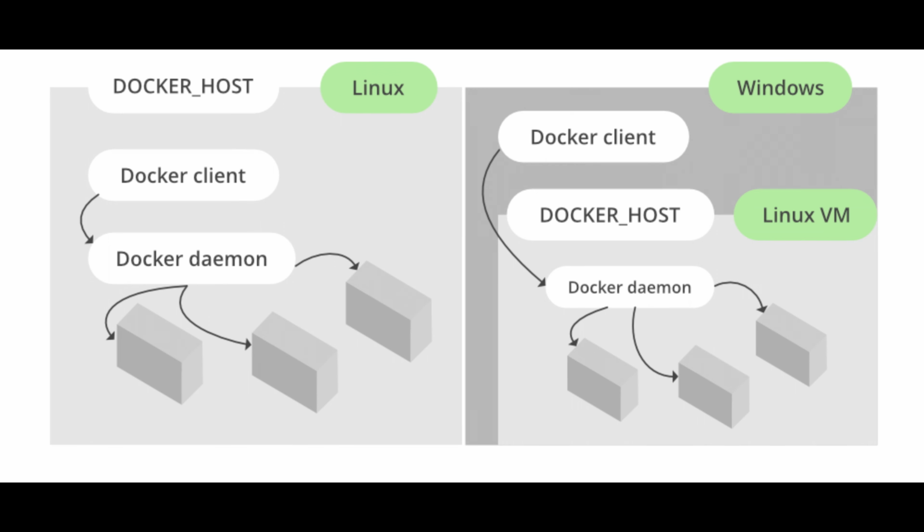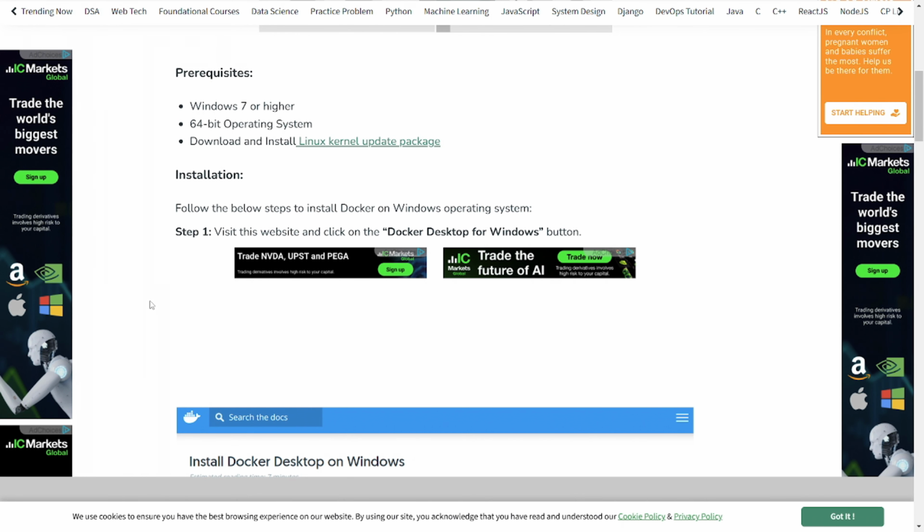But if you look at the right side, on a Windows operating system, Docker is installed inside a Linux virtual machine, and we use a Docker client to interact with Docker. Right? In this case, here we have simple steps to install Docker on Windows.